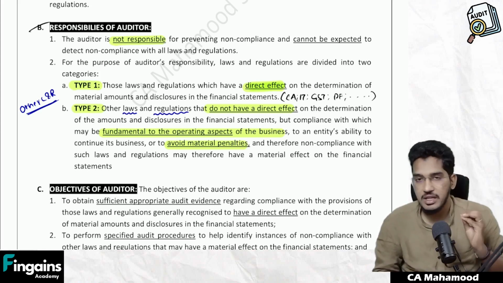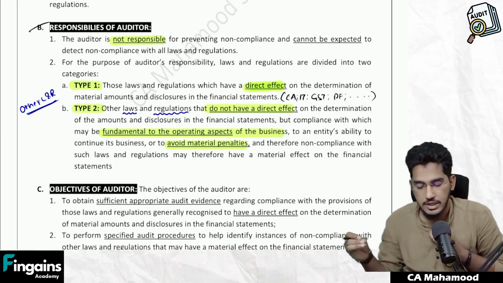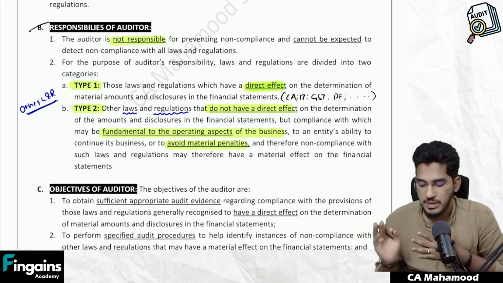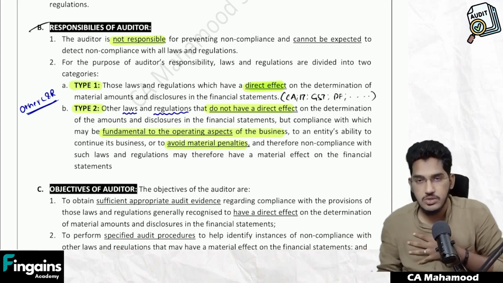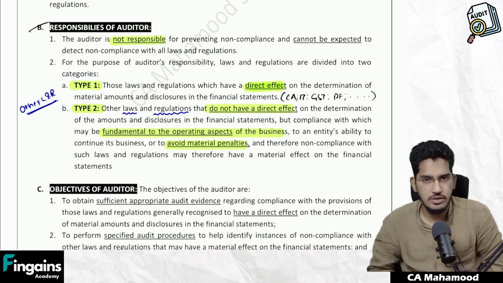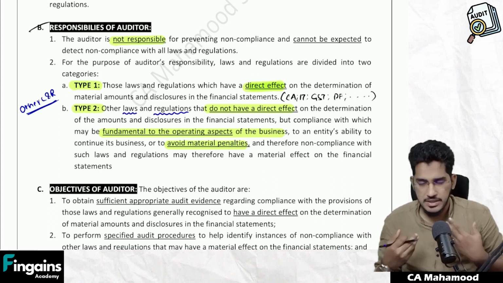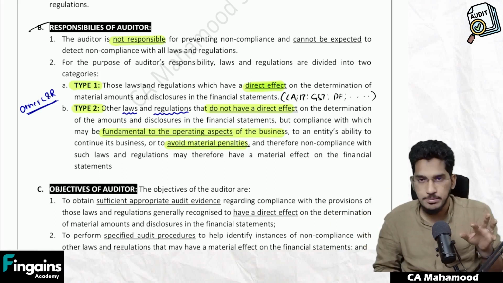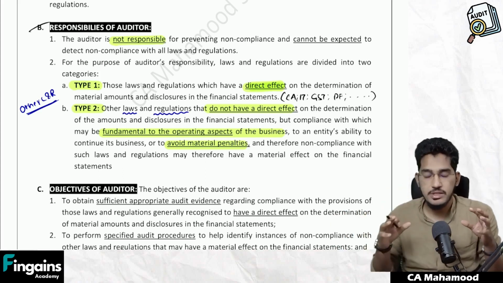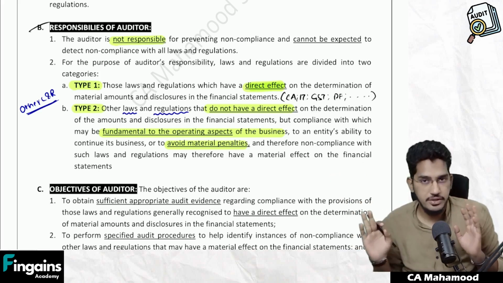Why? Because it is very fundamental for the entity's ability to continue, or if you want to avoid major penalties, you have to comply with them. And therefore, non-compliance with such laws and regulations may have a material effect on the financial statements. That means straight away they do not have any direct effect. But if you don't comply with them, either you have to pay major penalties or you have to close down your business. Non-compliance might have a material effect.